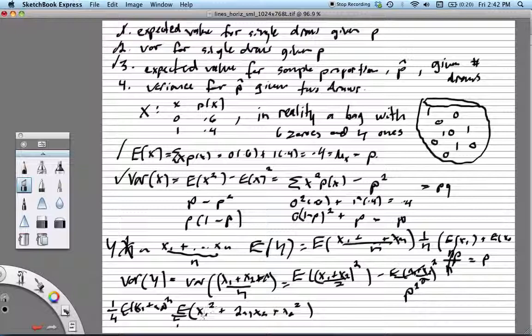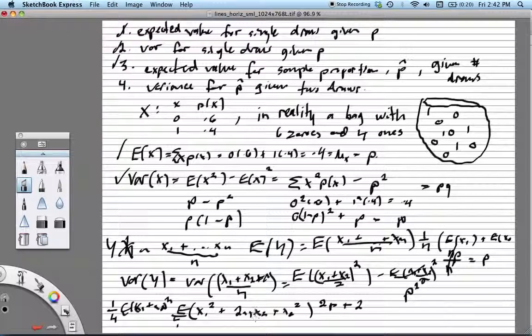It's the same as the expected value of x squared, which we've already calculated to just be p. So we get 2p out of this part, plus something else. Okay, well, plus 2 times something else.